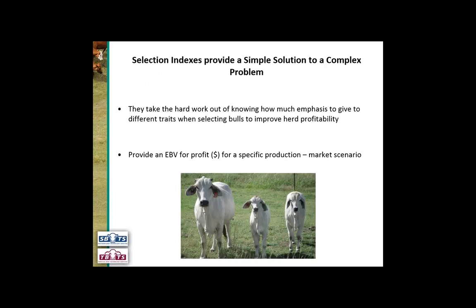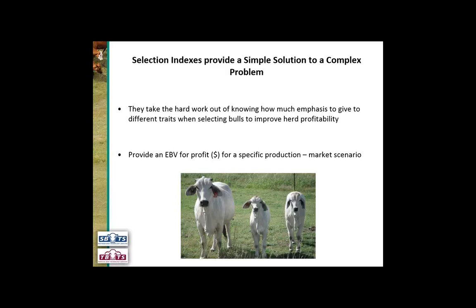As we've suggested there, it's a simple solution to a complex problem. They can take out the hard work of knowing just how much emphasis to give different traits. We can do it intuitively, but I would suggest that doing it intuitively is probably not going to do as good a job as using a formal index when selecting bulls to improve the profitability of your herd.